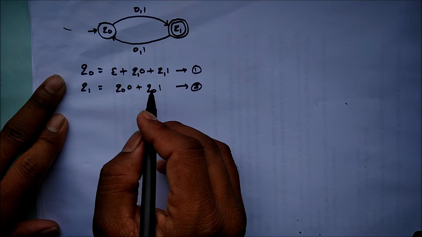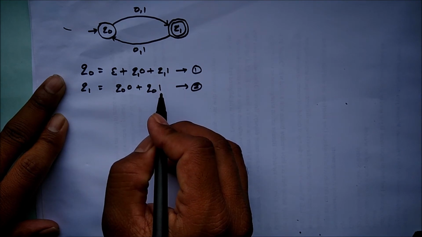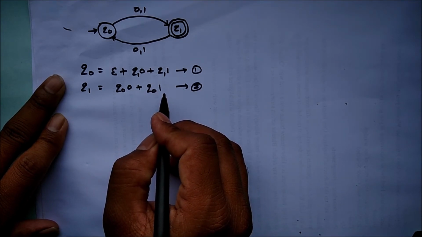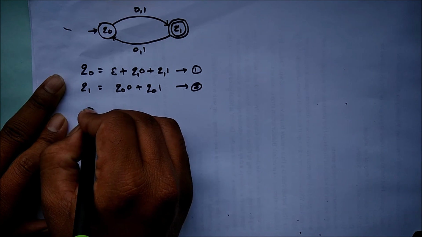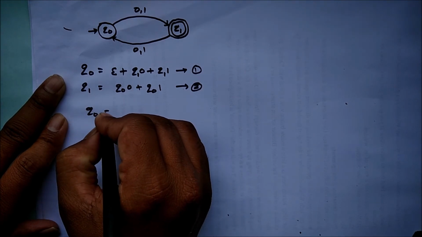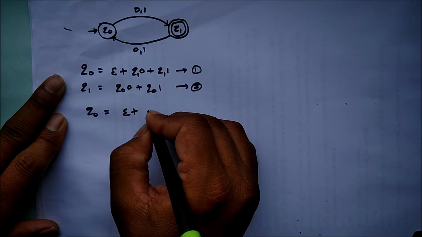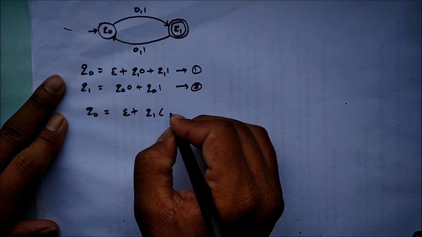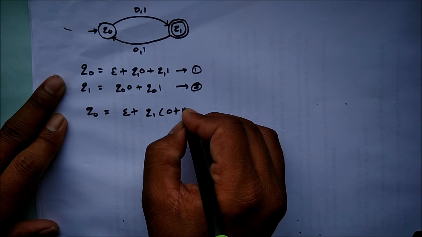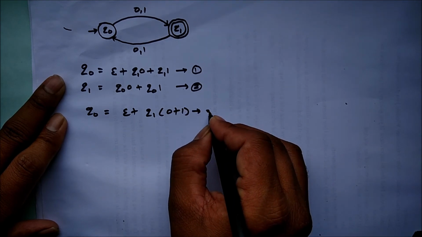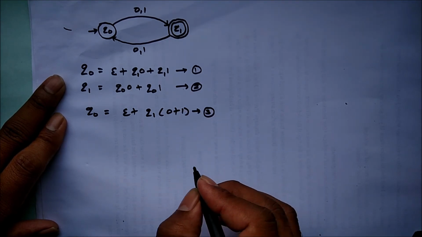So from equation number 1 and equation number 2, what we can do is Q0 can be written as epsilon plus, I can take Q1 common and I will write Q0 plus 1 and I will call it equation number 3.